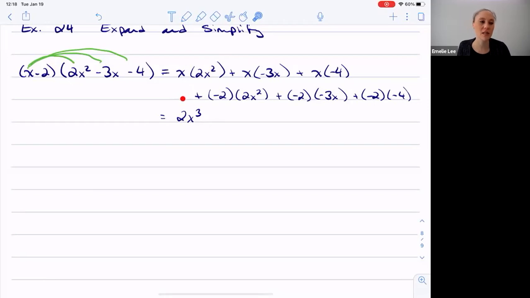If I have x as my base, x to the power of 1 times x to the power of 2, I can combine to make x to the power of 3. So 2x to the power of 3 minus 3x squared minus 4x, right? Just rearranging and multiplying a little bit.